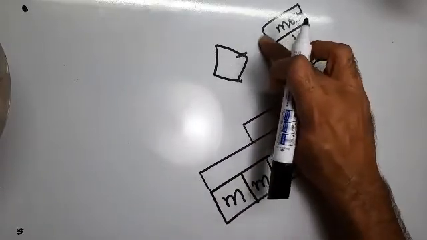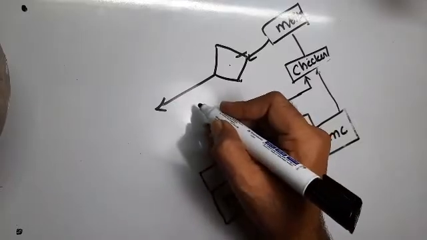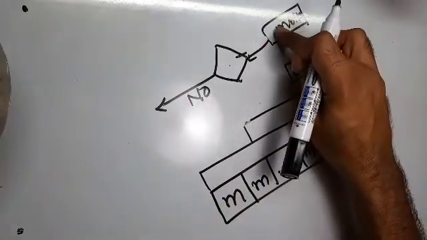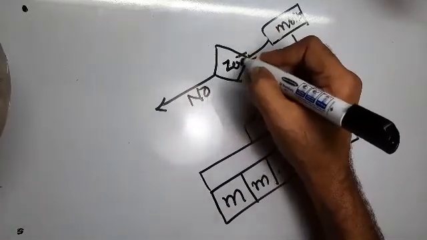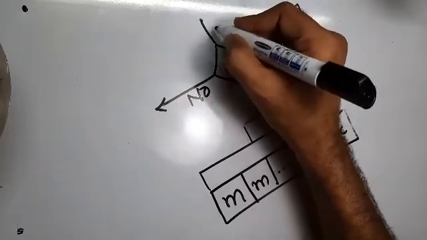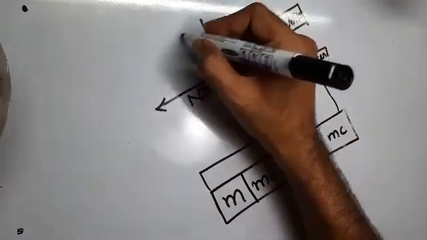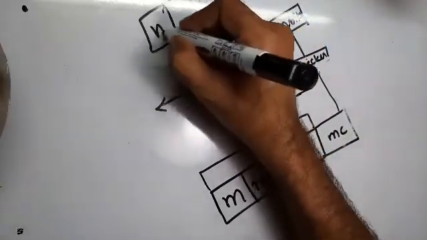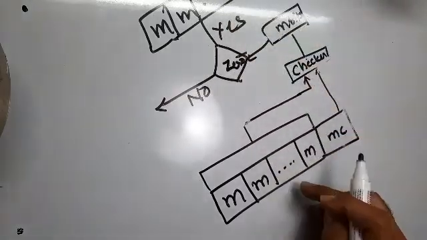This is a decision box to accept or reject the message. If the outcome is zero, yes, it will be accepted, and all m bits will be accepted as they are. This is my message.